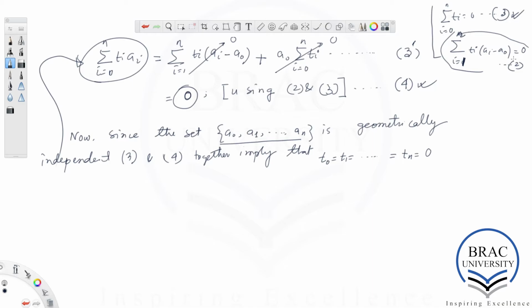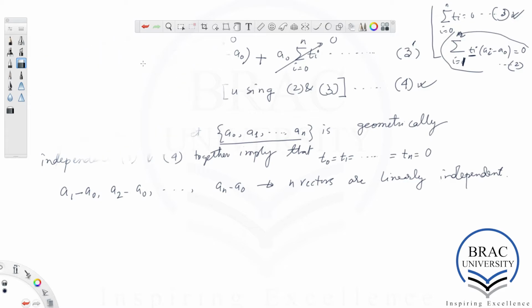All right, and since in equation number 2 all these scalars are identically 0, it means that these n vectors a1 minus a0, a2 minus a0, all the way up to an minus a0 are linearly independent. Okay, this is what we wanted to prove, right?